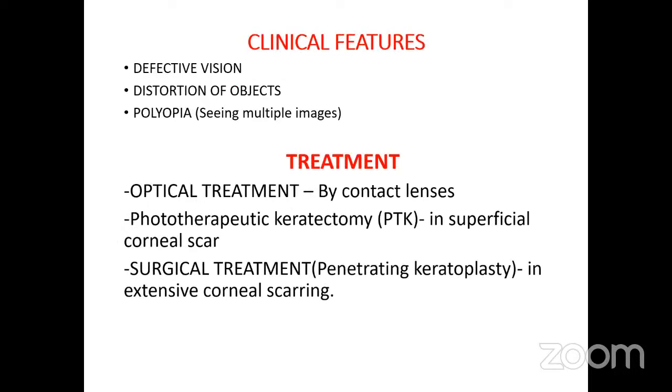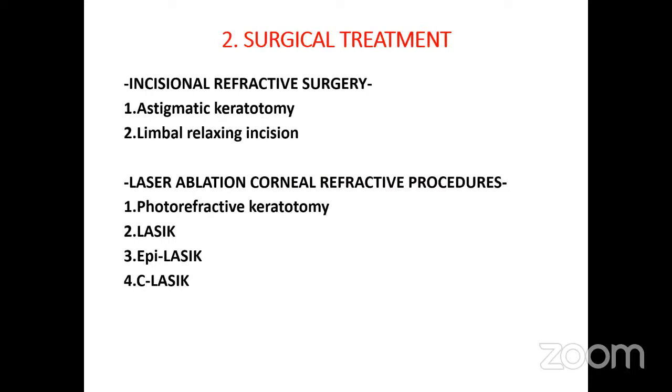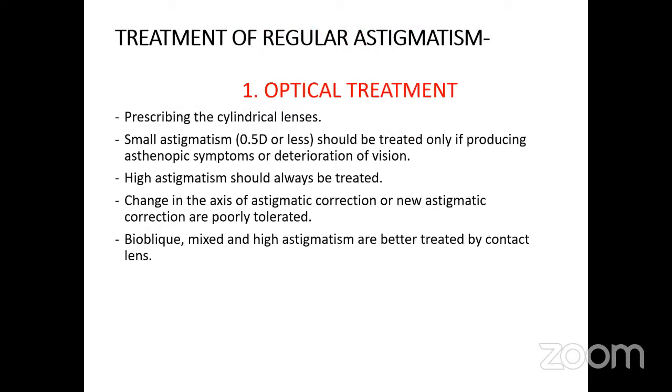One more thing about astigmatism is how much astigmatism you should treat. For example, the patient comes with no symptoms at all, and on examination you find 0.5 cylinder. Will you give the prescription? If the patient is complaining of astigmatic symptoms, we should prescribe whatever cylinder.